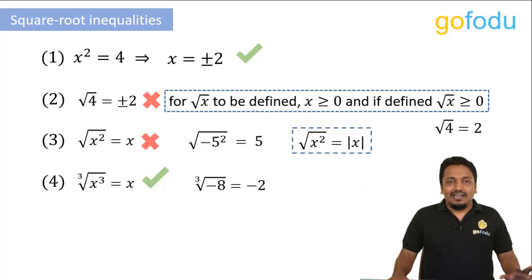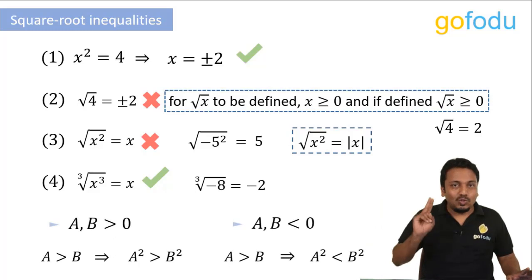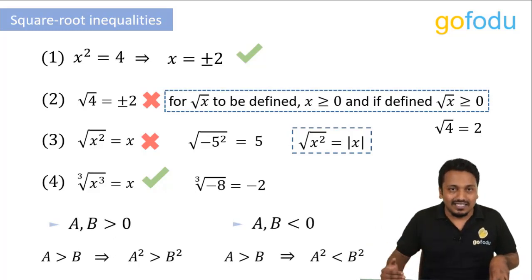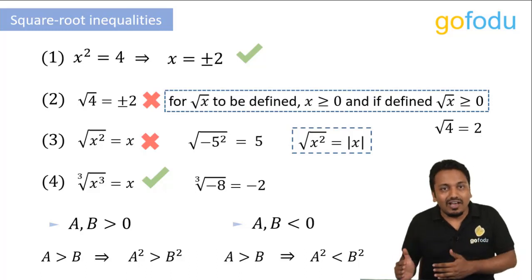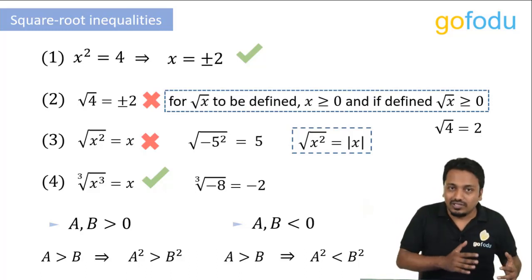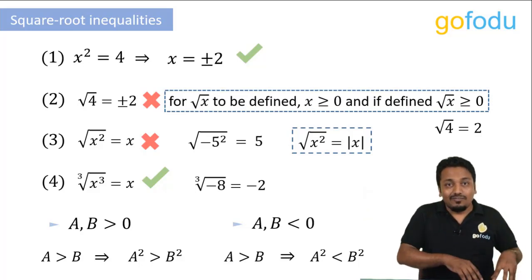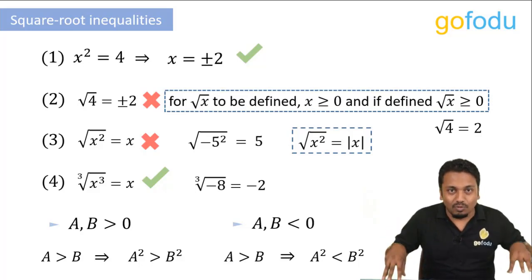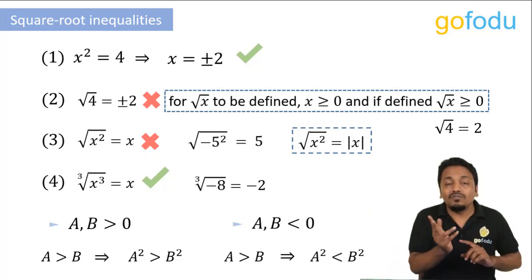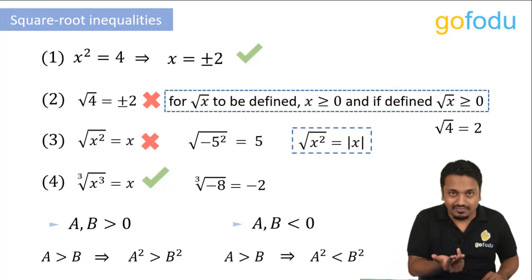And lastly, we have two basic points of inequalities which we have already seen earlier. In an inequality with a positive number, we can directly square both the sides. If both numbers are negative, then too we can square, but the sign of the inequality will change.